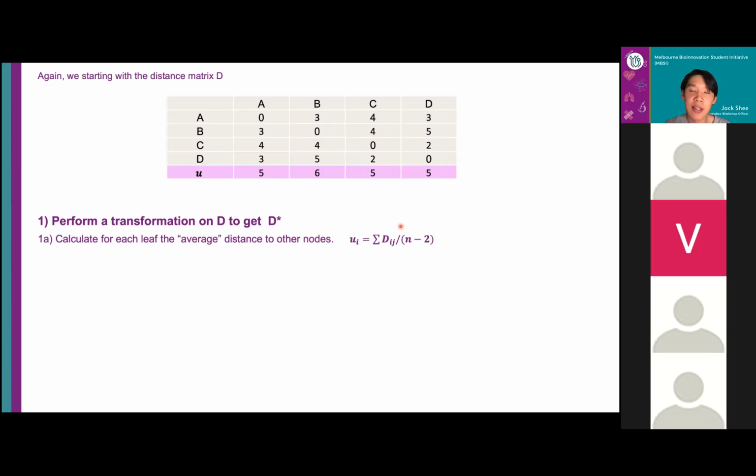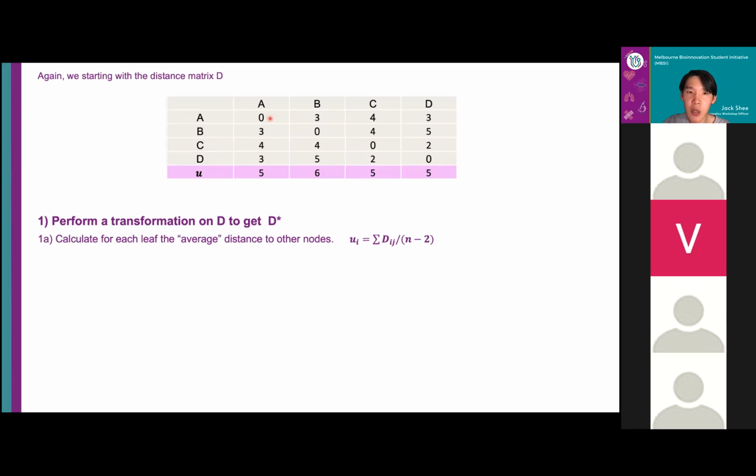To get this transformation done, we first have to calculate the average distance between each leaf and every other leaf. To calculate this, we simply sum up either the rows or the columns of our matrix, which is the total distance, and then we divide it by n minus 2. The minus 2 simply comes because we've compared the distance between the leaf and itself twice.